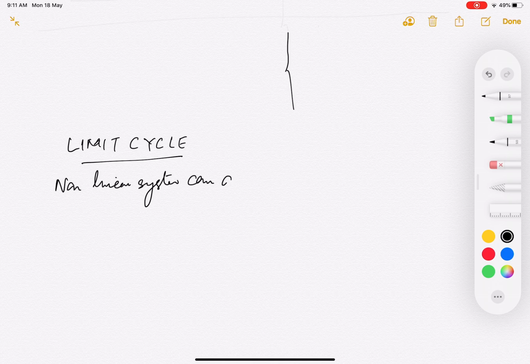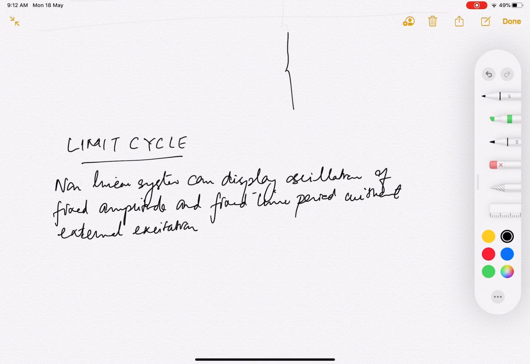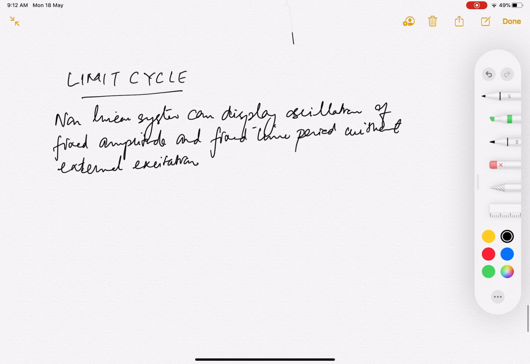Not all, but some nonlinear systems can display oscillations of fixed amplitude and fixed time period without external excitation, right? And these oscillations are called limit cycles.